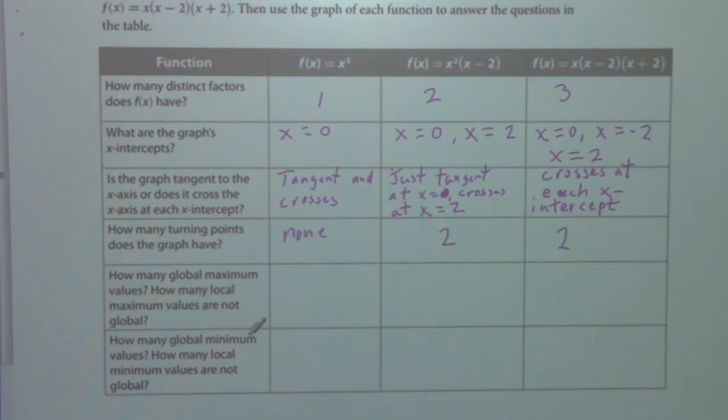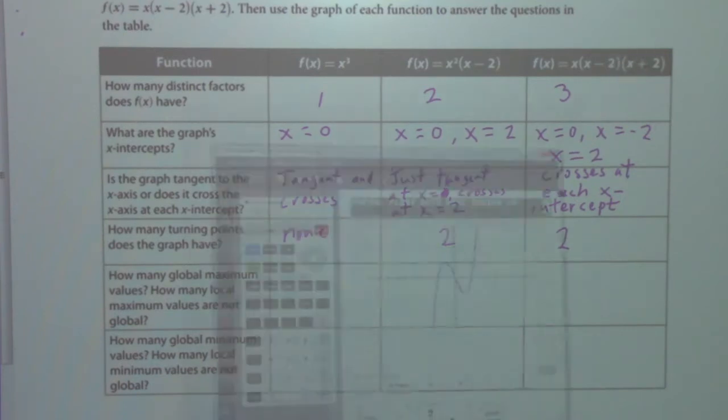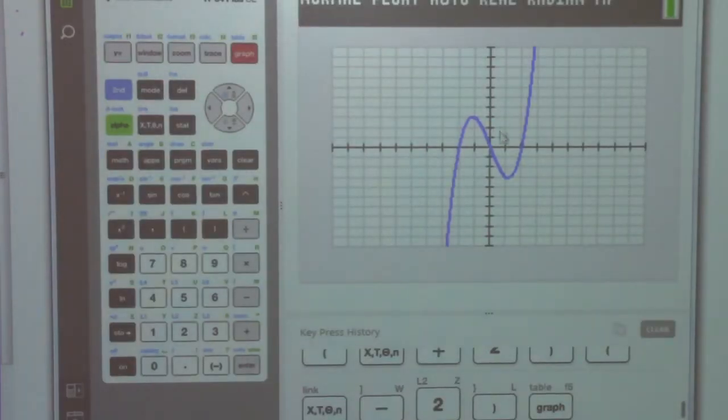And how many global maximum values, how many local minimum values are not global? Okay, that brings a new definition. The graph that's on the calculator right now is of this function right here. How many global maximum values do we have here? Infinity? Okay, what does global mean? It means everywhere.